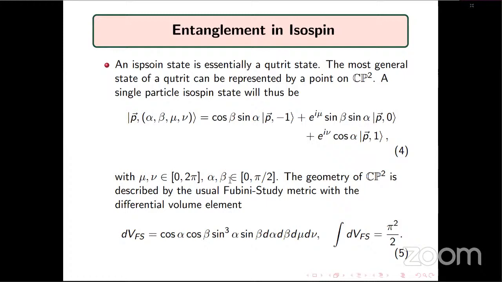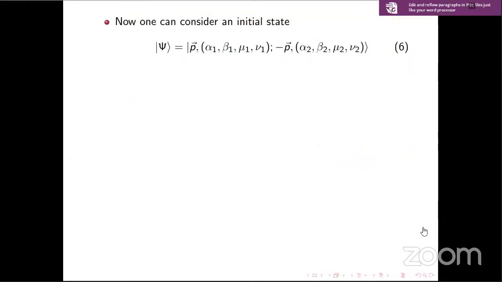Now, CP2 is given a metric geometry with the usual Fubini-Study metric, which has the differential volume element given by this, with a total volume equal to pi squared over 2. Now one can consider an initial state.